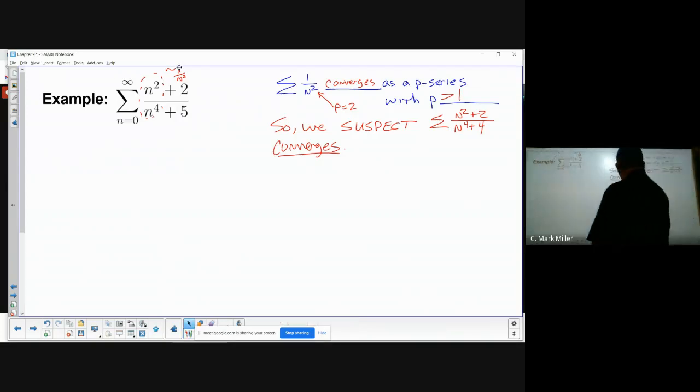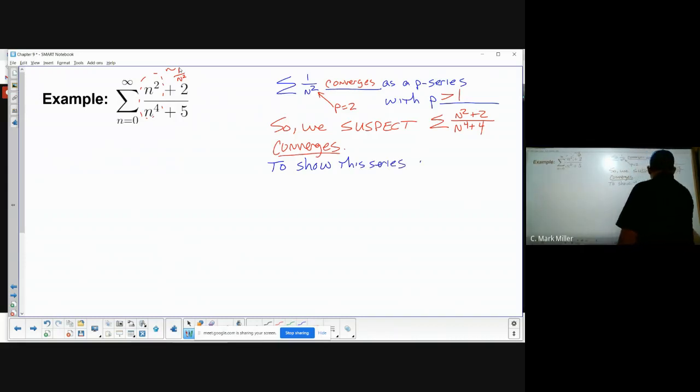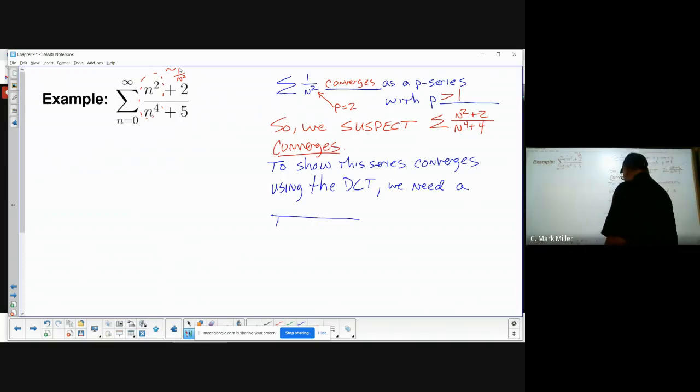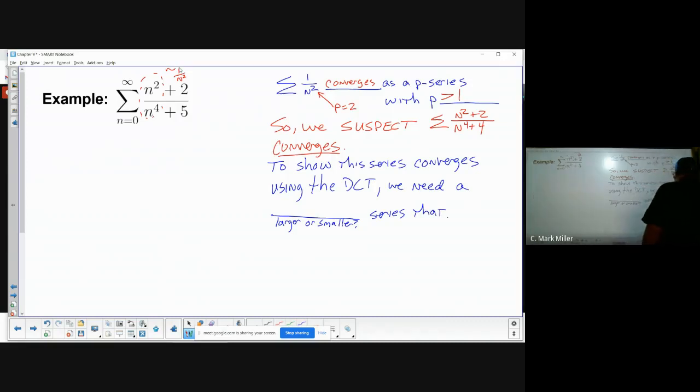So to show this series converges using the direct comparison test, we need a, fill in the blank, larger or smaller series that converges or diverges.